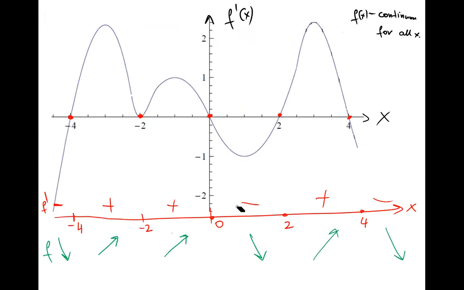Based on this test, we will see the intervals of increase and decrease. And of course, we will have a local minimum at -4, nothing at -2, local max at 0, local min at 2, and local max at 4.